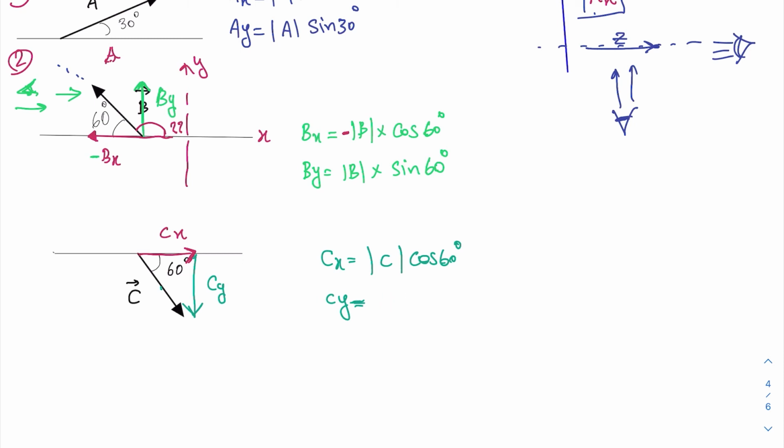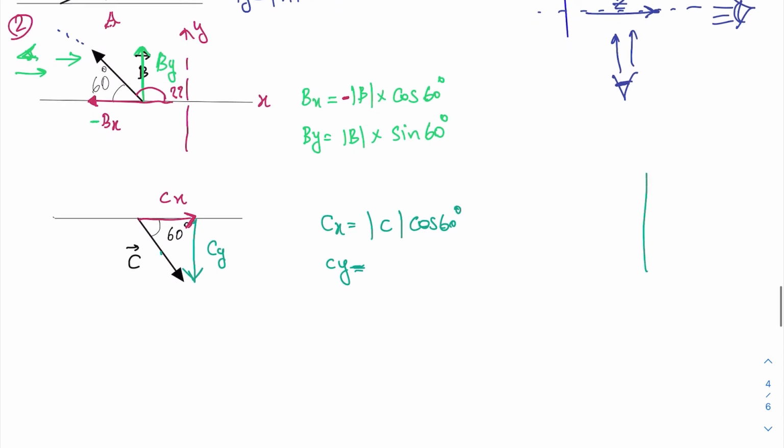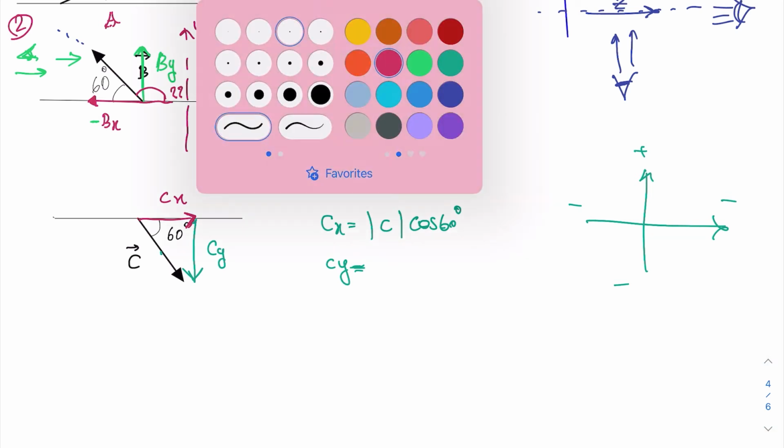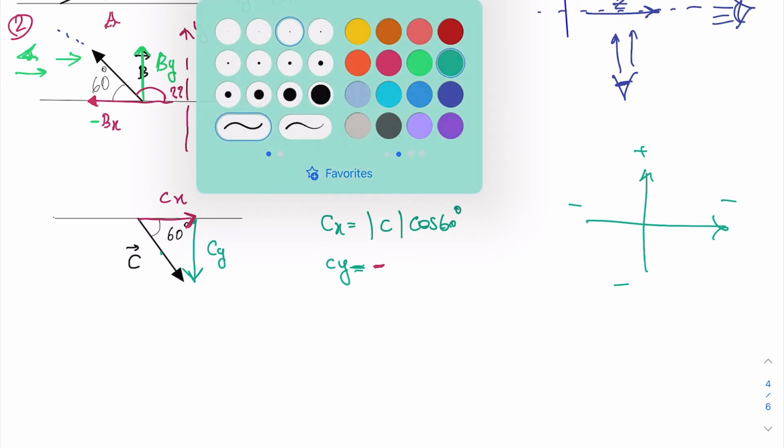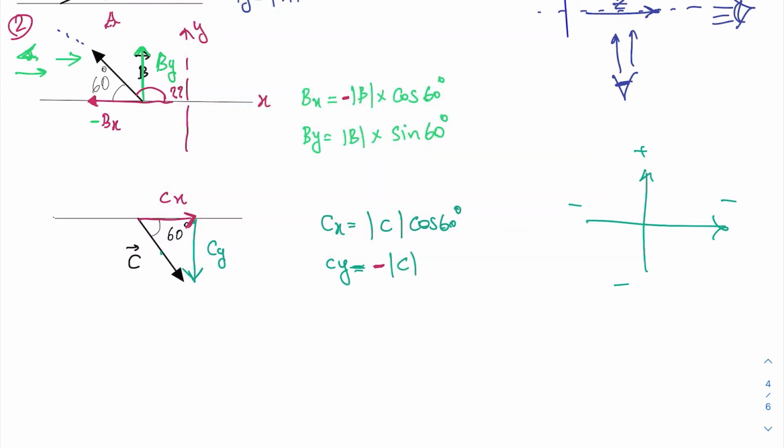But here again I need to be careful, because based on our frame of reference, left negative, down negative, up positive, right positive, I need to add a negative. Let me write this negative in a different color. So negative C sine 60 degrees.